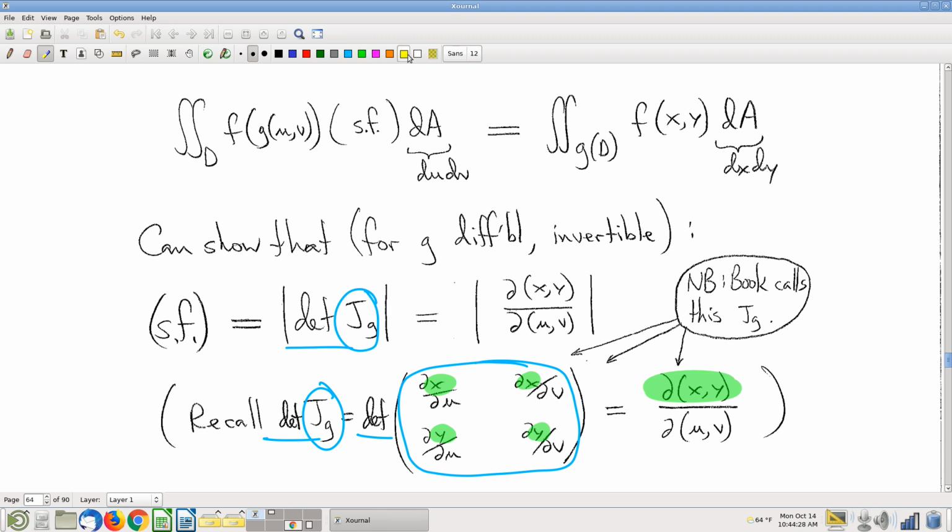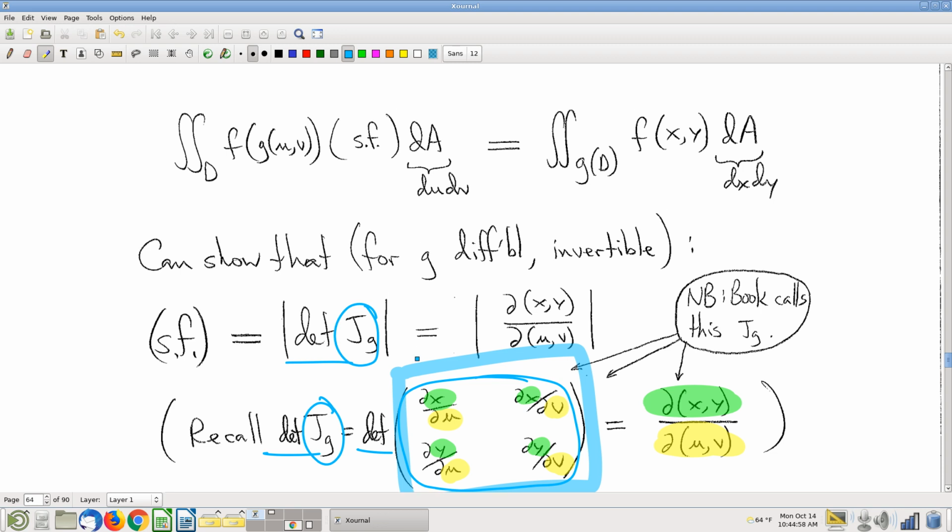And they're all partials with respect to u's and v's. Right, so if you were to say, in reference to this Jacobian here, the partials of x's and y's with respect to u's and v's and organize it in a natural fashion, then it's kind of right? And this notation that I have over here on the right, it's kind of suggestive of that point of view. Right, so that's one point of view on it.